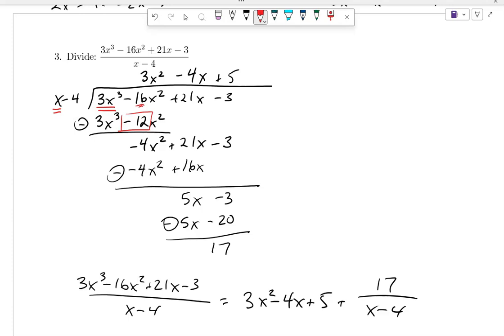Where did, pardon me, this 16 come from? Yeah, the negative 4 times the negative 4, right? And so on down the line, okay? And then we added it to the 21, didn't we? Okay? So what we're going to do next time is talk about how we can do this a little bit more shorthand and keep track of where these coefficients are coming from, okay? So we'll do that next time.